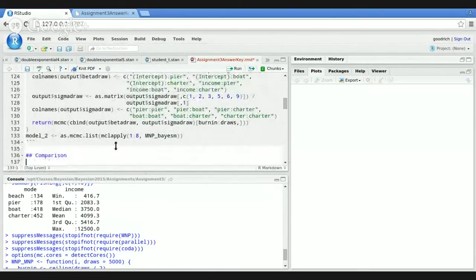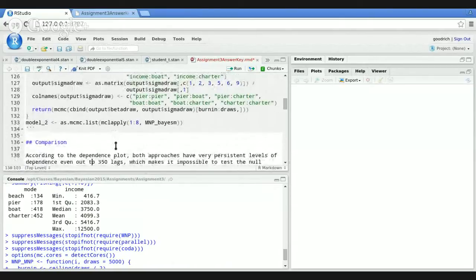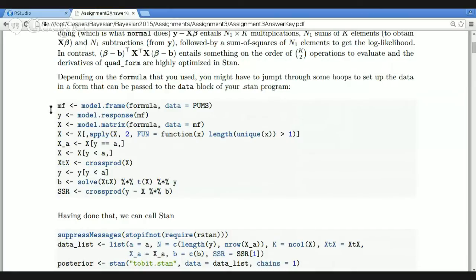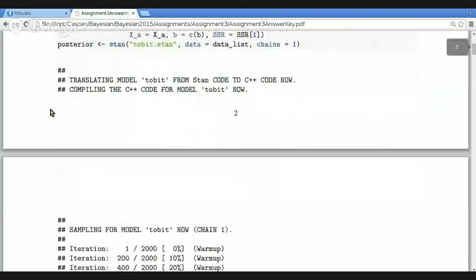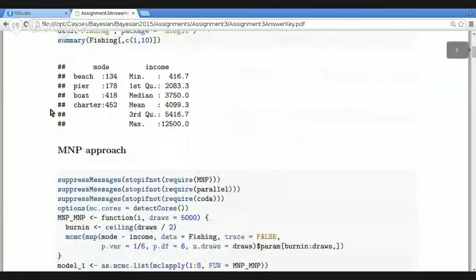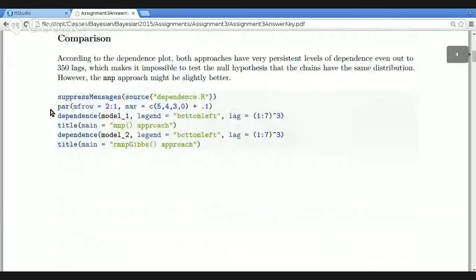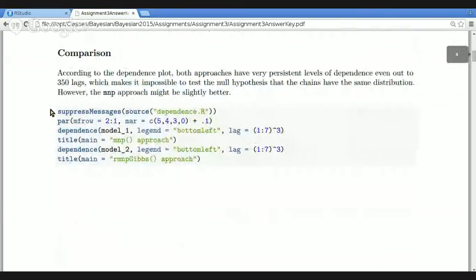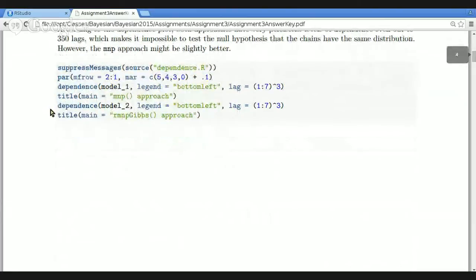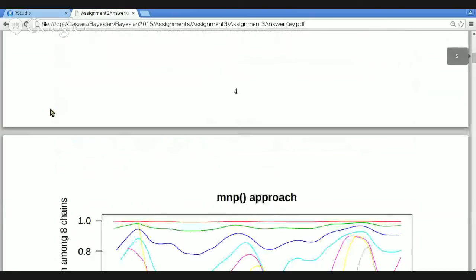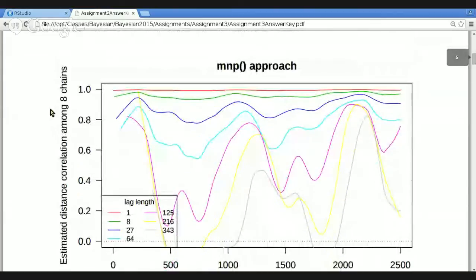But you have 2 ways of estimating the same model, and then you can do a comparison to see which one is sampling more efficiently. The second one takes a little while, so I'm not going to run it live, but we can look at the diagnostics that we're familiar with to say which of these is doing better than the other.